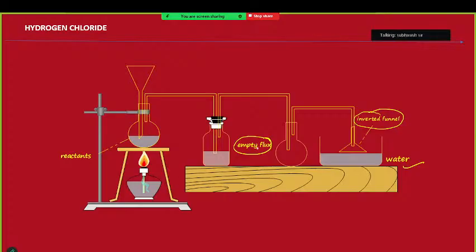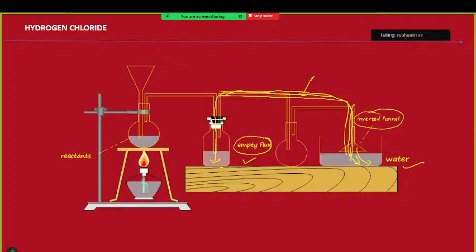So the empty flask is used so that if you directly dipped into this, once HCl dissolves highly, then this part of the exit tube is quite vacant, and in that case the water from this part is coming to this sulfuric acid container, and that creates the explosion, and this is known as back suction.